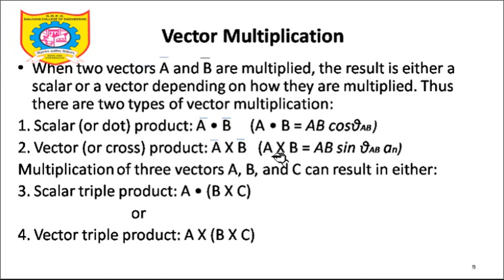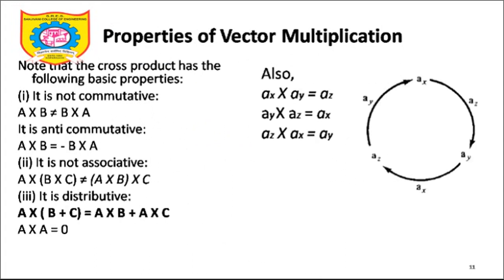So A bar cross A bar will be AA sine theta. What is the angle between the similar vectors? It is 0, and sine 0 is 0. That's why A bar cross A bar, B bar cross B bar or AX bar cross AX bar is always 0. So when we are dealing with the cross product of similar vectors, it will definitely result in zero.